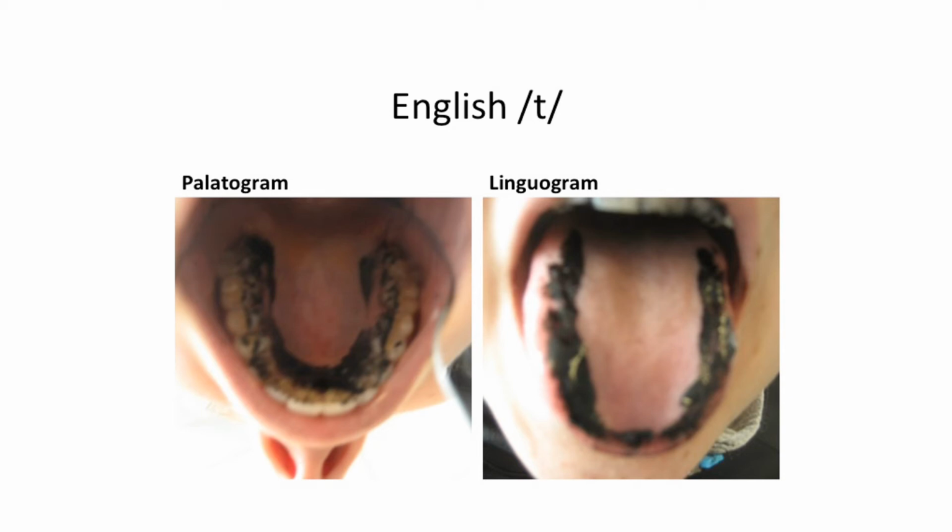So there will be full contact between the tongue blade and the alveolar ridge, and you see that the marker paint is left on the palate as expected in the palatogram and around the edges of the tongue in a linguogram.